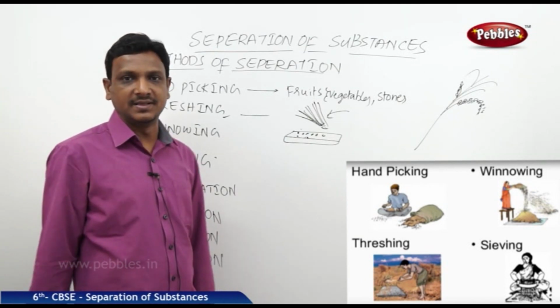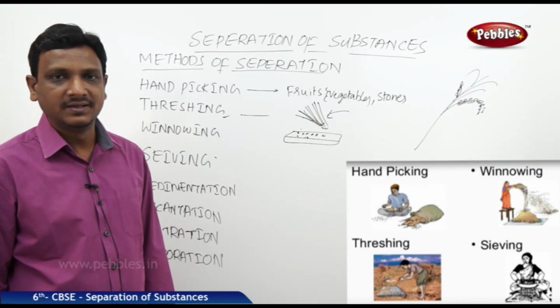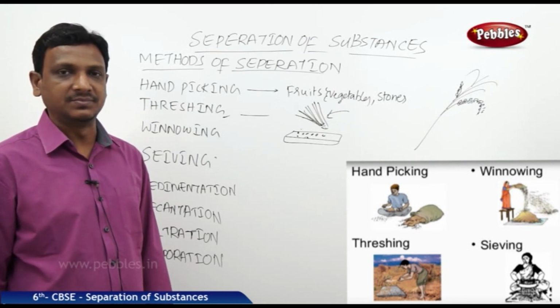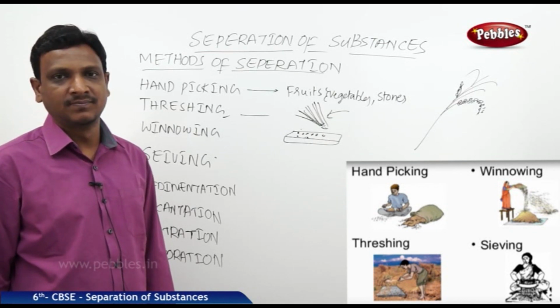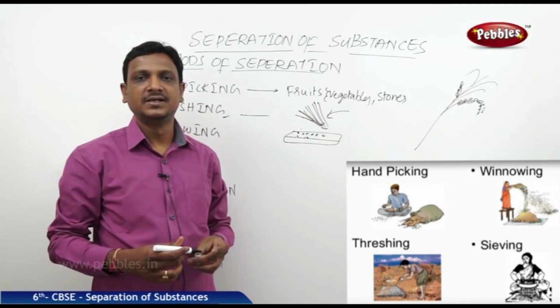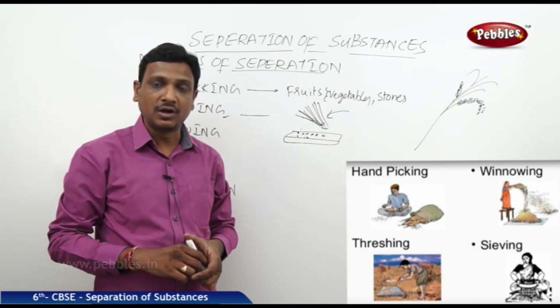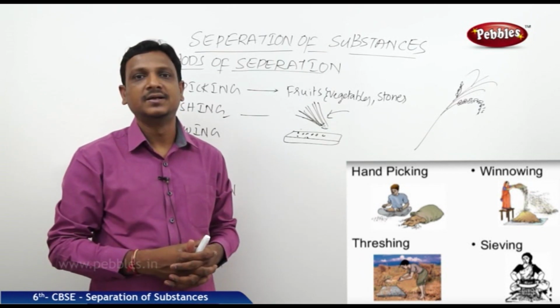This kind of method is applied in separating the grains from the wheat plant and rice plant. Sometimes threshing is also done by bullocks. They keep very large heaps of paddy or wheat plants and make the bullock or bullock cart run over these, so the grains are separated.